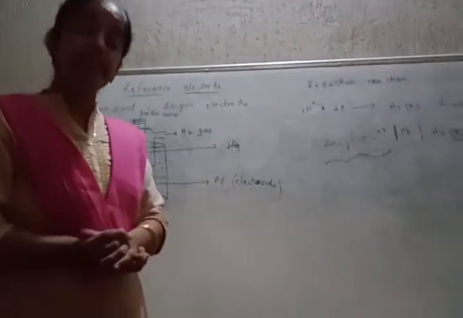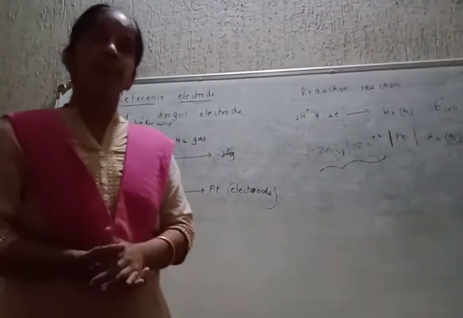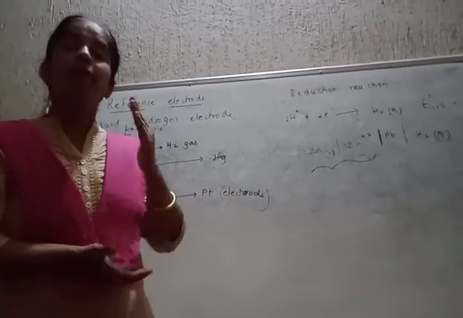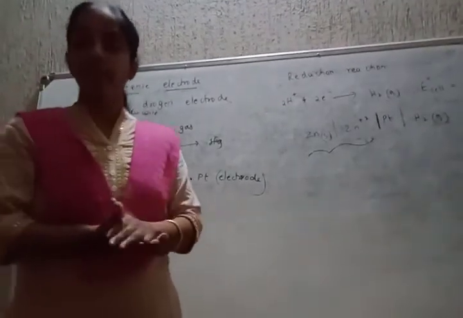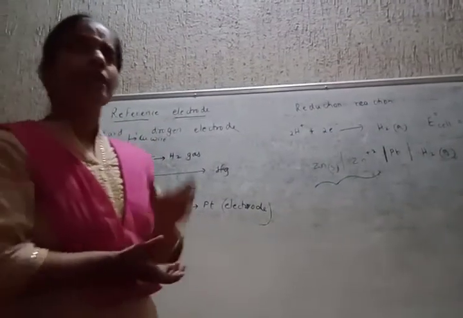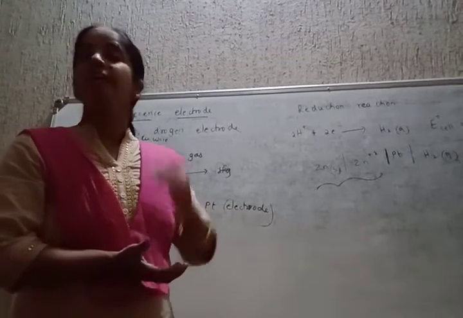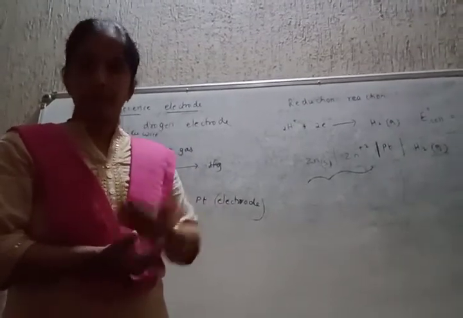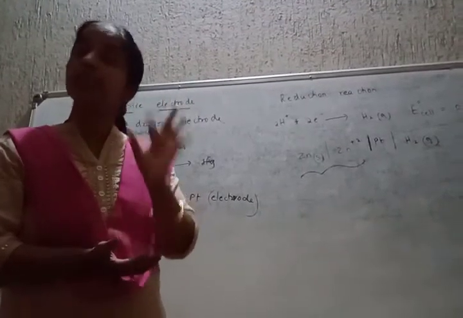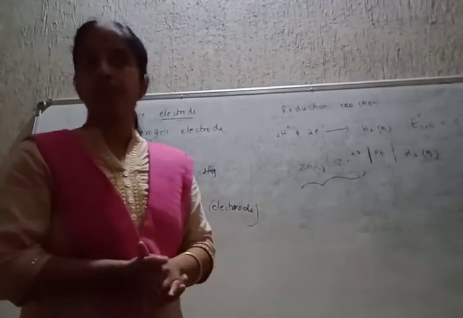Galvanic cell can be categorized into 2 types of cell. Galvanic cells are also called as voltaic cell. Galvanic cells or voltaic cells can be classified as primary voltaic cell and secondary voltaic cell. Now what is primary voltaic cell? Students, in this particular galvanic cell, the chemical reaction begins. Electricity is obtained. Galvanic cellचा principle तो आहे that chemical reactions produce electrical energy.